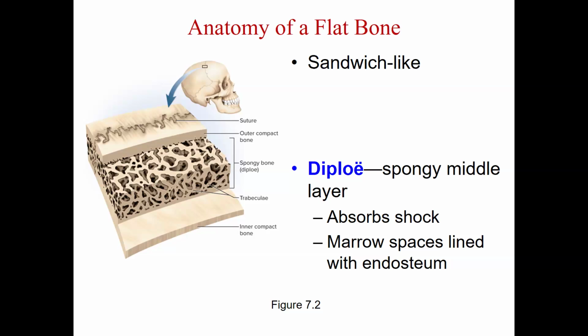All right, so for flat bone, guys, this is membranous bone. This is our skull bone. It has spongy bone, of course, in the center of it. Now, when I say spongy, it's not actually spongy, it just looks like a sponge. But the special word for spongy bone in a flat bone like this, as opposed to a long bone, is diploid. So this word belongs to spongy bone of the skull.